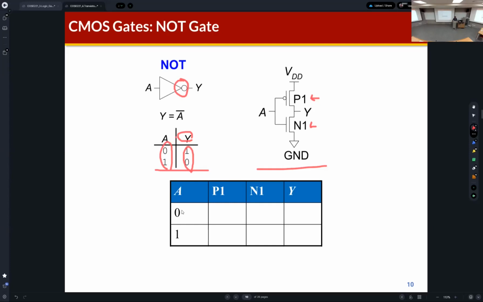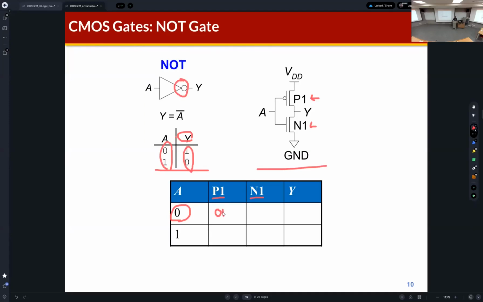Then let's see the operation of the transistors P1 and N1. If the input is 0, which means A is connected to the ground, then what is the operation of P1?